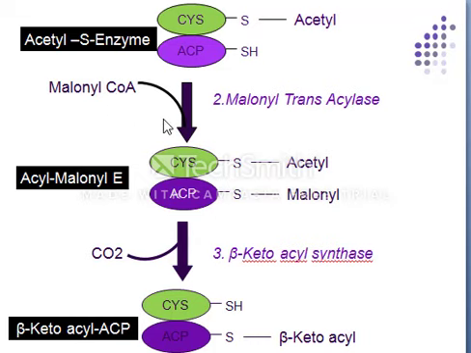Thus CO2 is never incorporated into the fatty acid carbon chain, and the decarboxylation is accompanied by a loss of free energy, which allows the reaction to proceed forward. This reaction is catalyzed by beta keto acyl synthase. Now it forms beta keto acyl ACP.